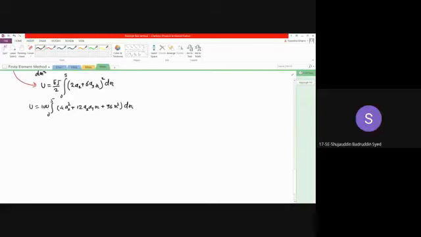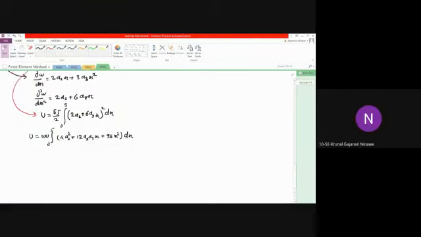Yes, sir, 24. Sorry, it should be 24 instead of 12, and the last term should be 36 a3 square. So this will be 24 a2 a3 x, and 36 a3 square x square.